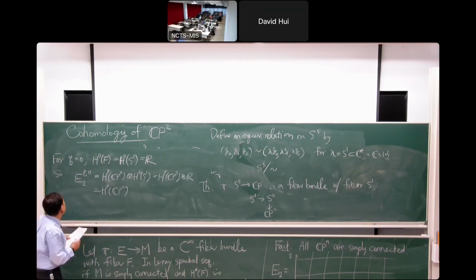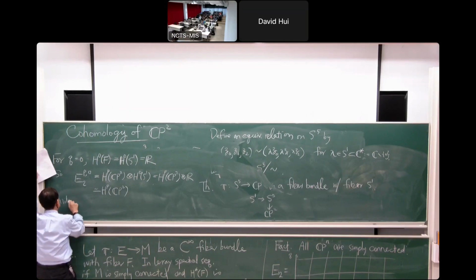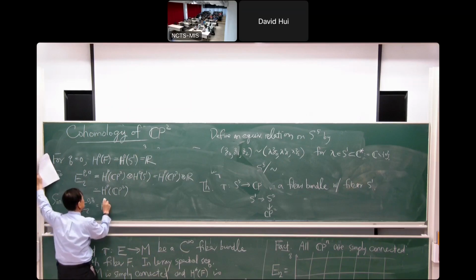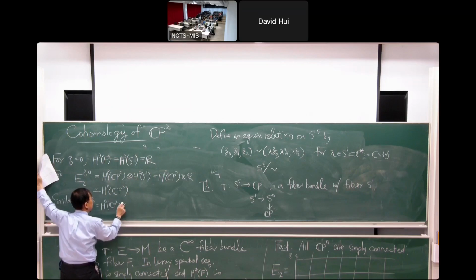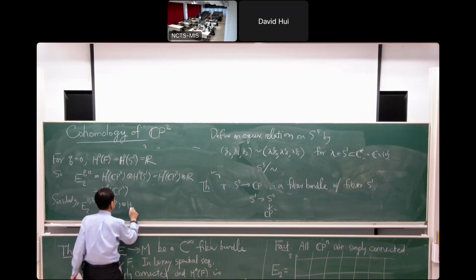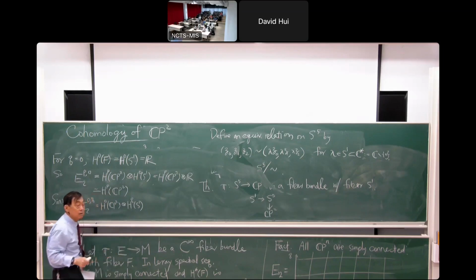And similarly, in the 0th column, you have H0 of CP2 tensor with HQ of S1.